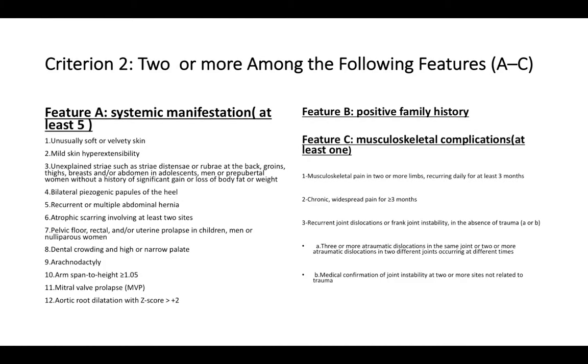The one which is very important, and it was again a major step, is these systemic manifestations. There is a list of 12 different things, and it was decided that if you have 5 of them, you will be in the category of the hypermobile EDS. For example, the skin has to be quite soft, stretchier than normal. You will have extensive stretch marks without weight gain.